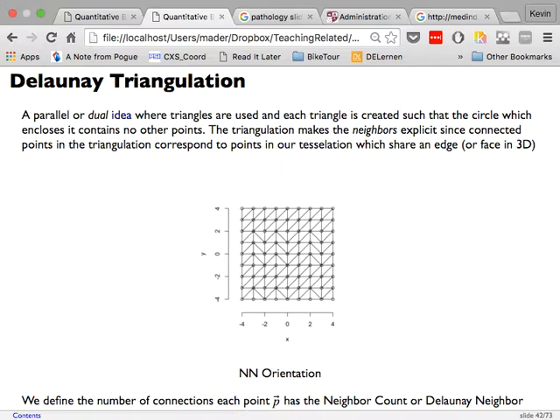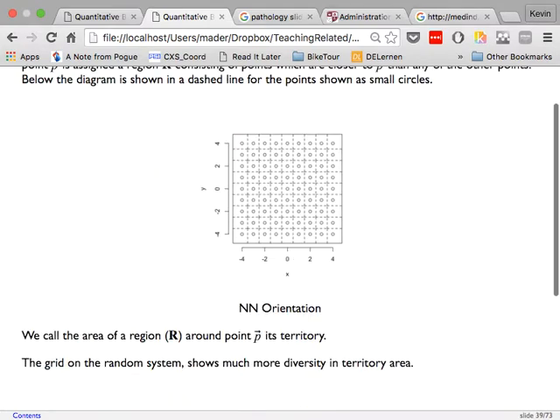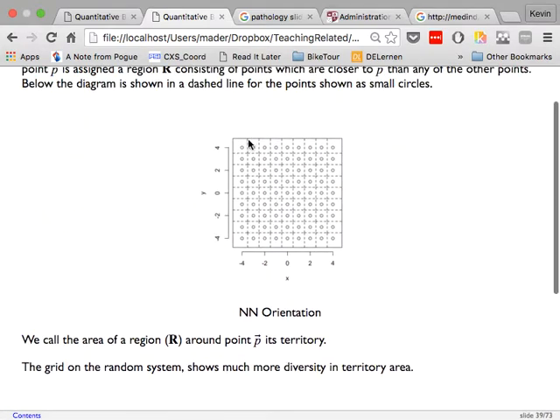And so if two objects' territories were touching, so if we go back here, if two objects share an edge, then they also share a line in this Delaunay triangulation. And so there are different approaches for calculating both of these, but once you have one, it's a very easy transform to get to the other one.